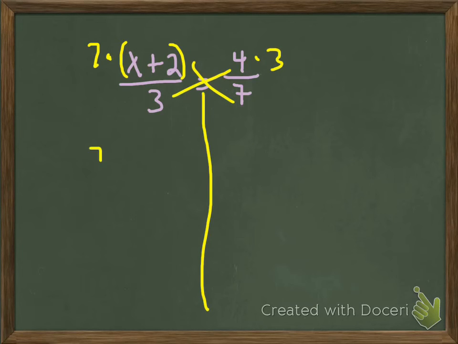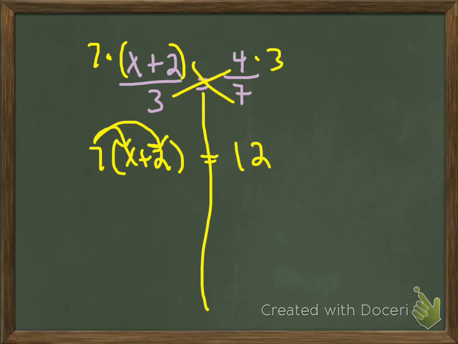So we're going to have 7 times quantity x plus 2 equals 3 times 4, which is 12. So I'm just going to write that. 3 times 4 is 12. And then I'm going to have to multiply the 7 in using the distributive property. So I'm going to have 7 times x is 7x, plus 7 times 2 is 14, and that equals 12. If I want to keep going here, I'm going to subtract the 14 over, make it a negative 14, and 12 minus 14 is negative 2.